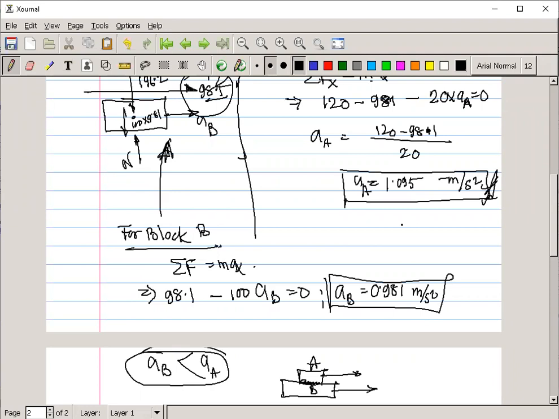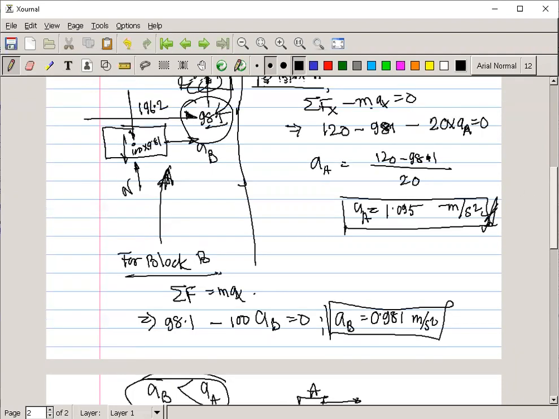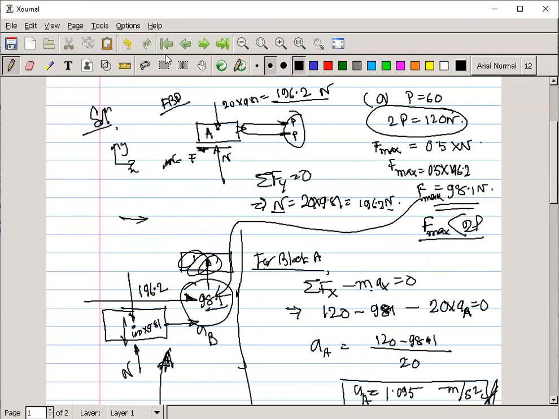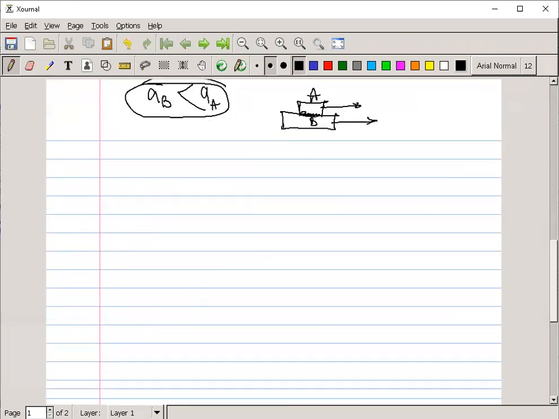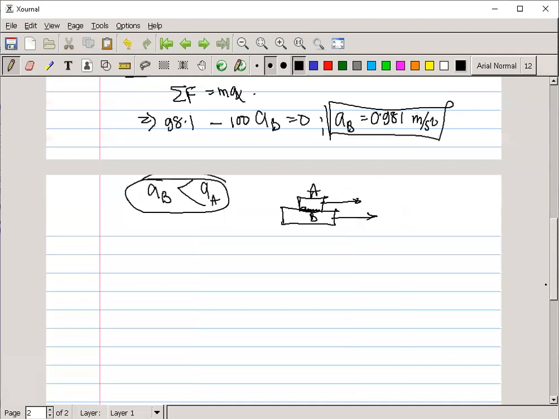Next one, if instead of P equal to 60 we apply P equal to 40, see, this is 40 instead of 60. So what happens in that case? Let's see.